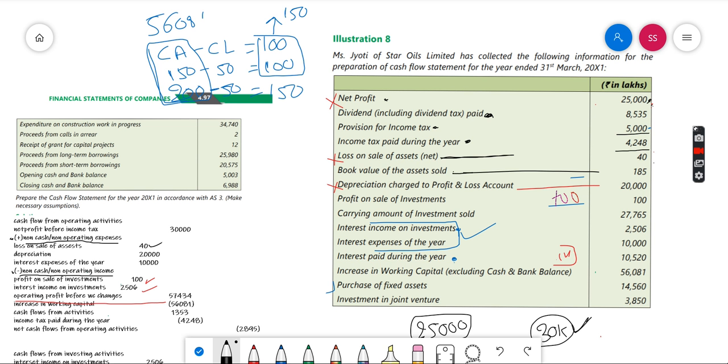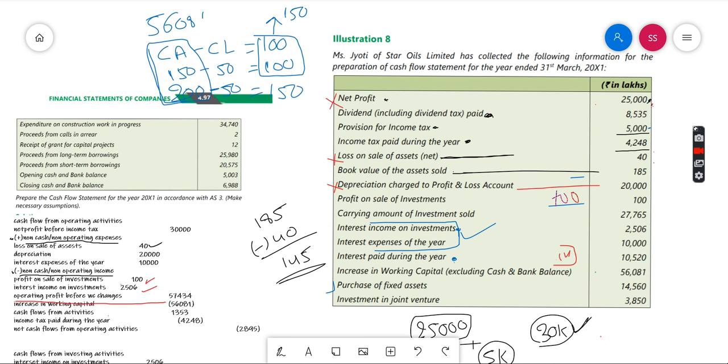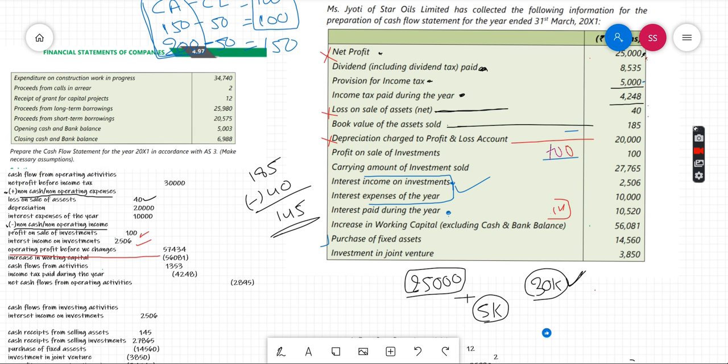We sold it for a 40 loss. That means we would have sold that for 145, right? So the same thing goes in the investing activities: cash receipts from selling of assets, which is 145.